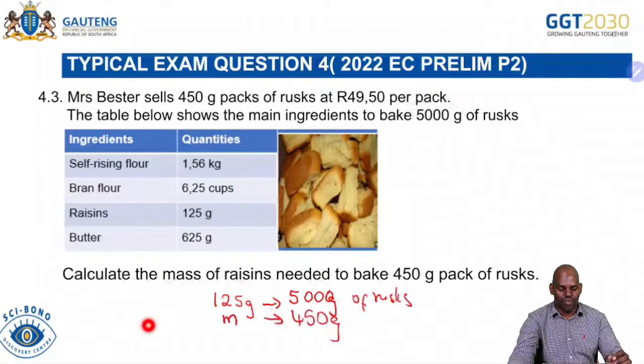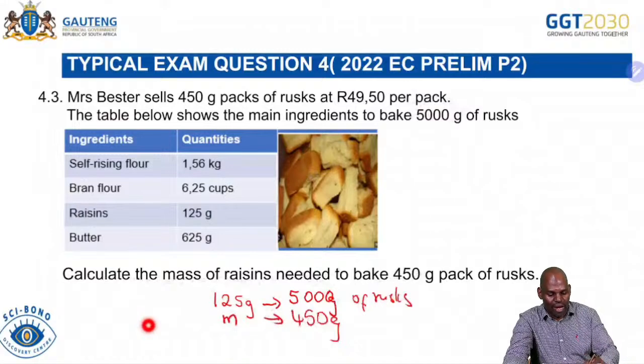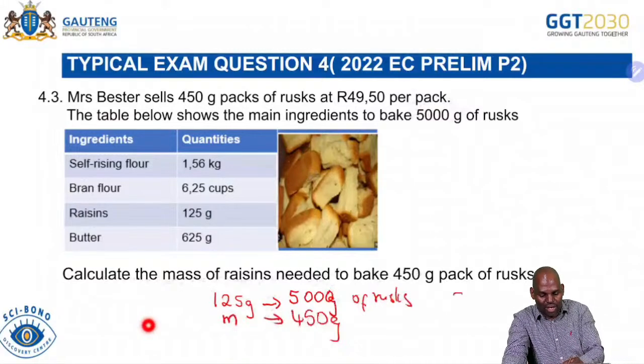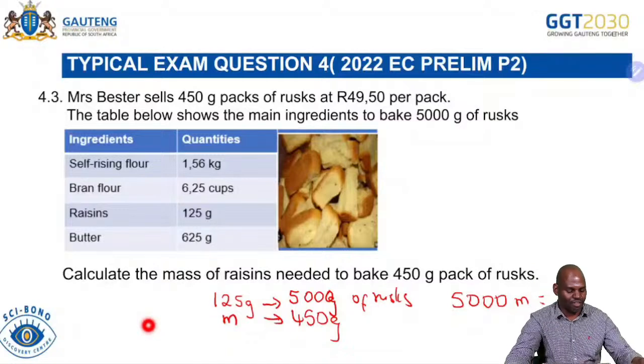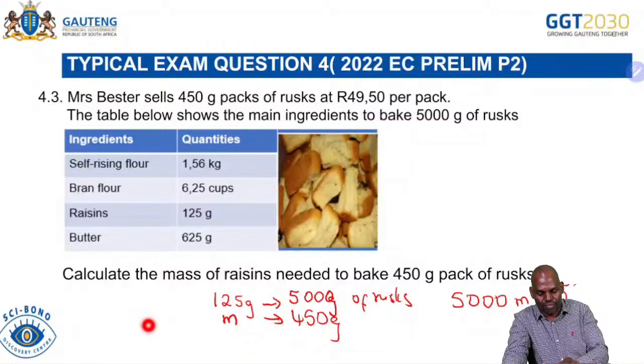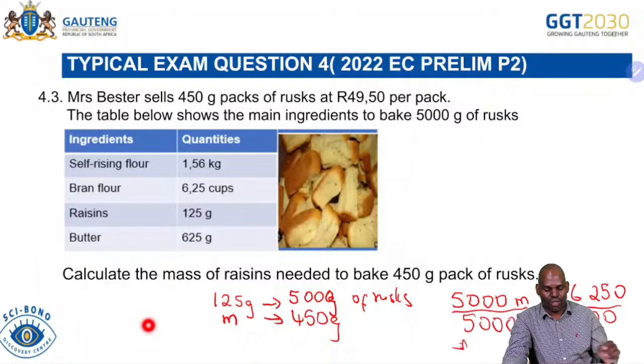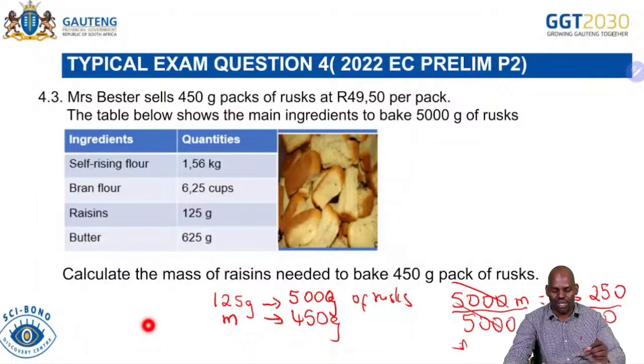So we can say letter M for mass, and then we cross multiply. M multiplied by 5,000, so we get 5,000M. It equals 125 multiplied by 450. This will give us 56,250. Then we divide by 5,000. 5,000 and 5,000 will give us 1.